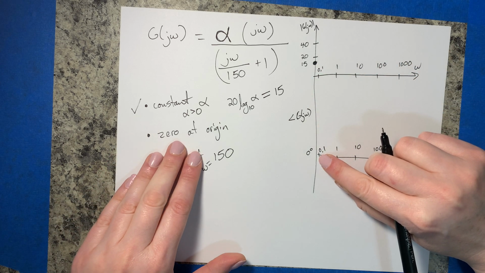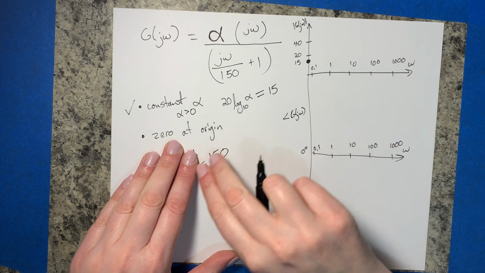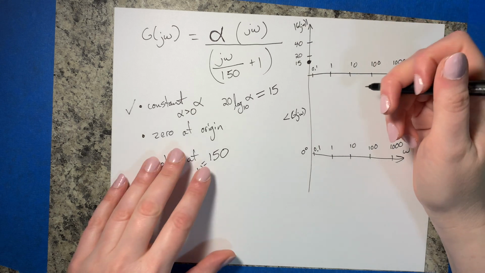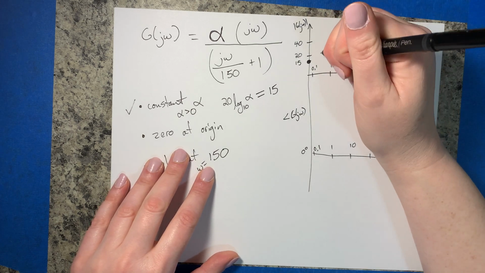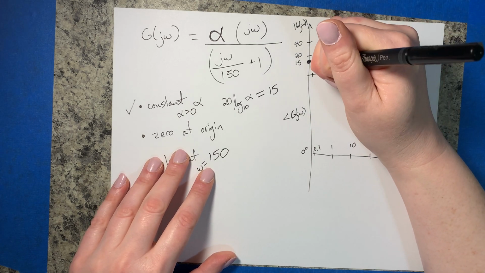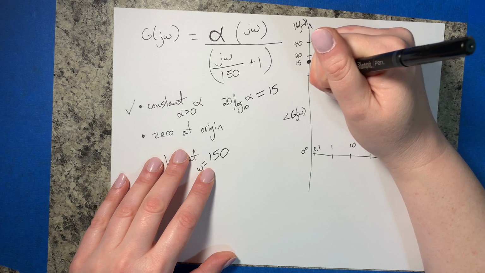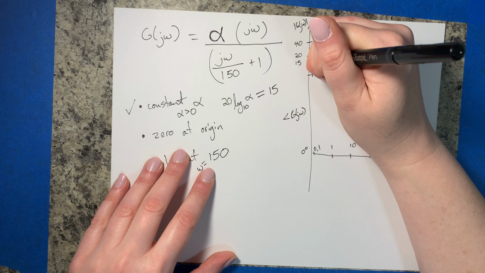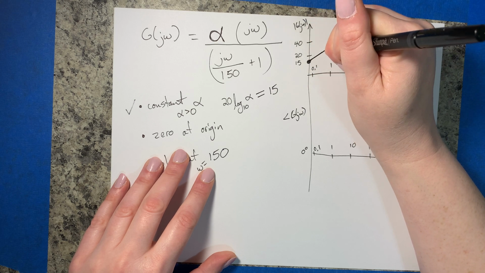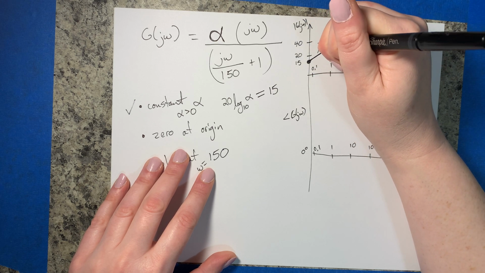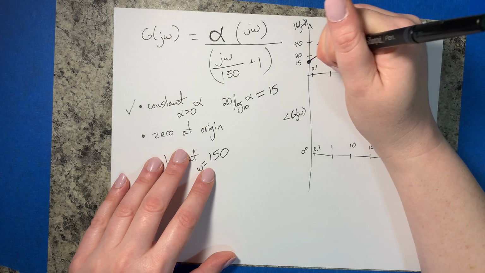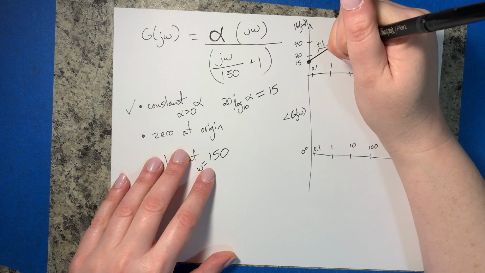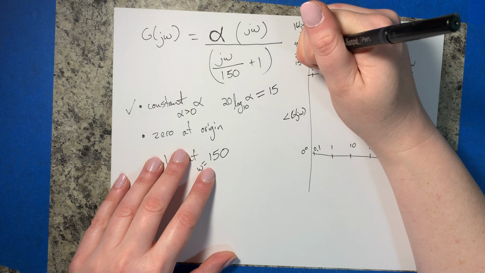Now, for the 0 at the origin, that gives us an immediate plus 20 dB per decade or plus 1 slope since we're dealing with a log plot. We don't really have too much here, so I'm just going to go ahead and increase that there, plus 1. And so at the end of the 1 decade, it's going to be very similar to about 35.